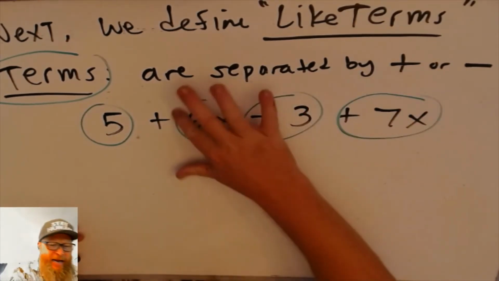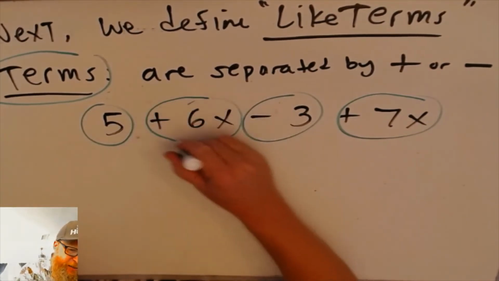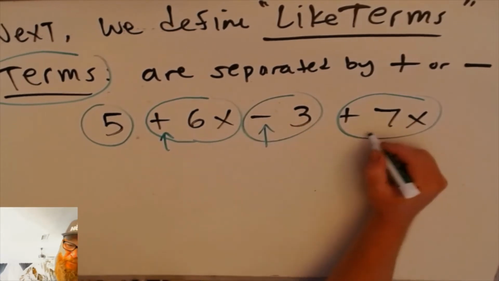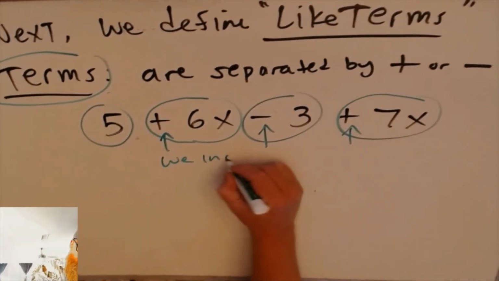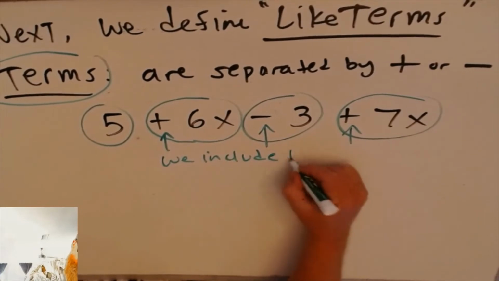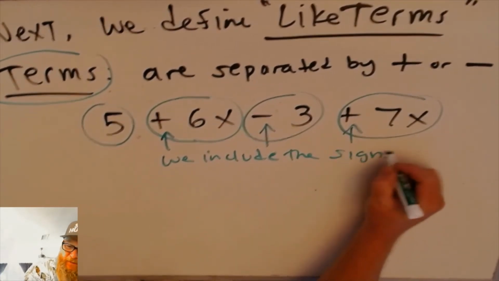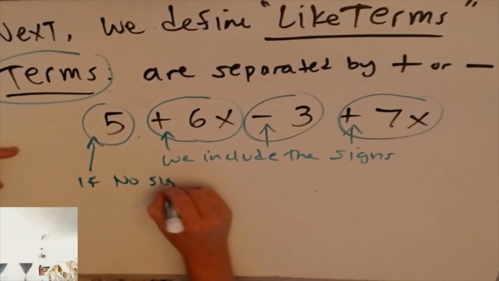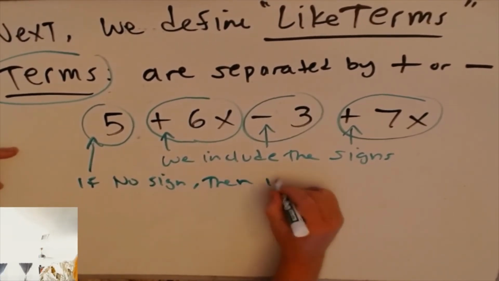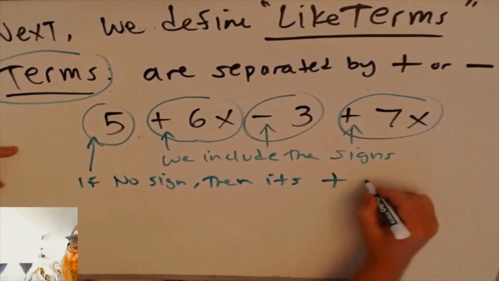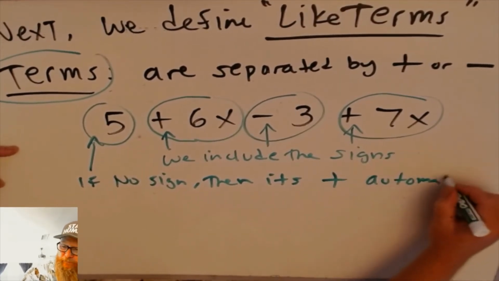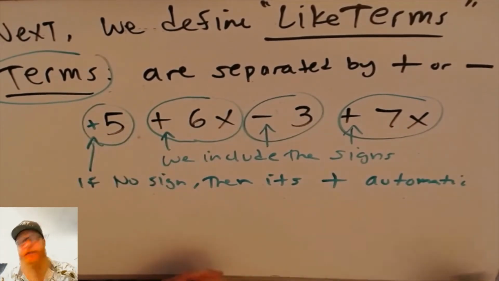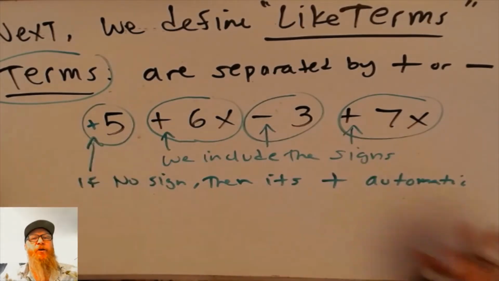I actually like to include the sign with the term. If there is no sign, then it's positive automatically. So if you don't see a sign, it's an automatic plus sign. So these are called terms.